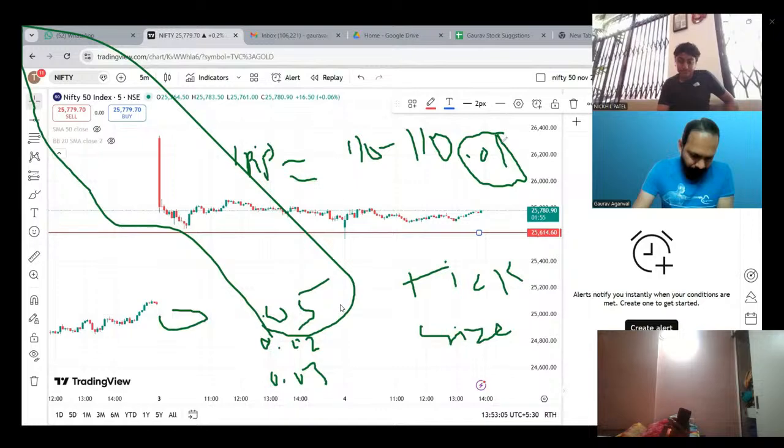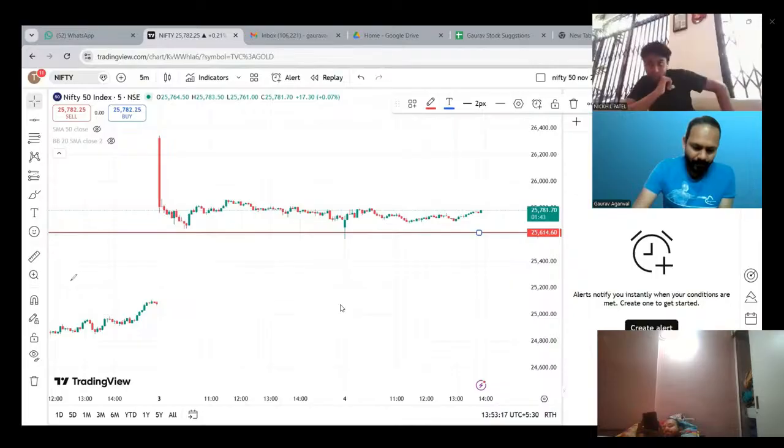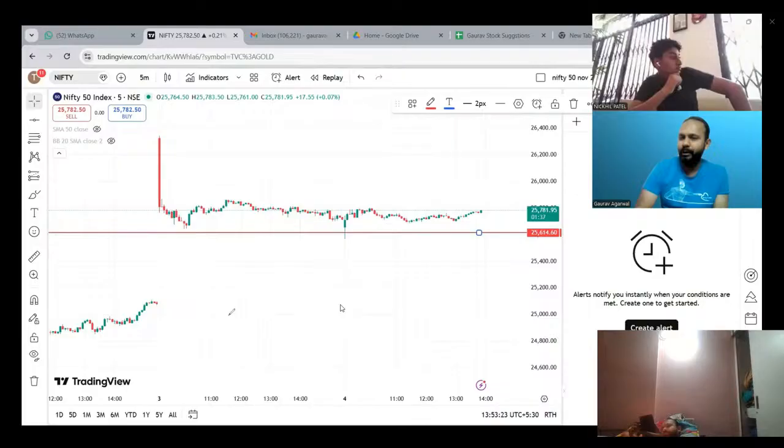One pip equals 10 pipettes. So that's all theory. Whenever you want to trade, you may not be able to use it, because you have to focus mostly on the candlestick.